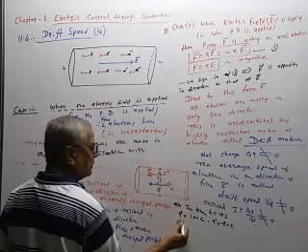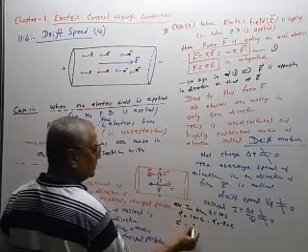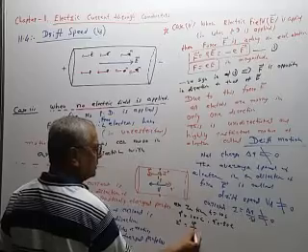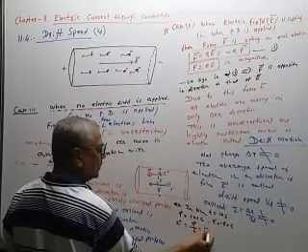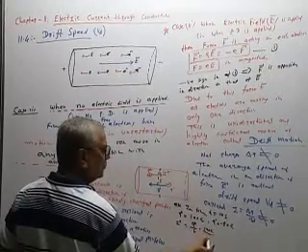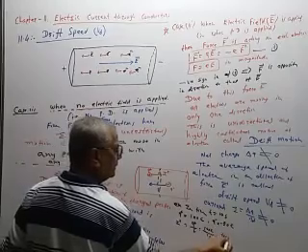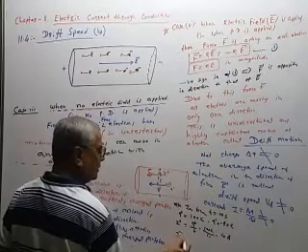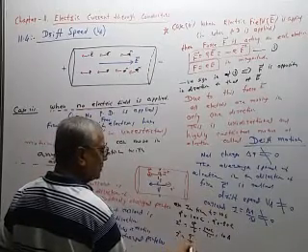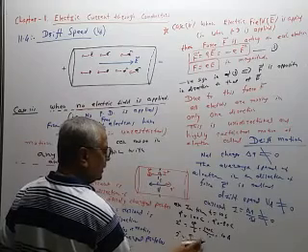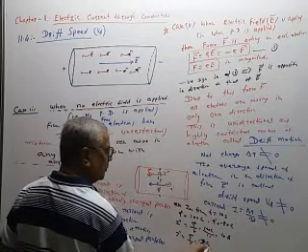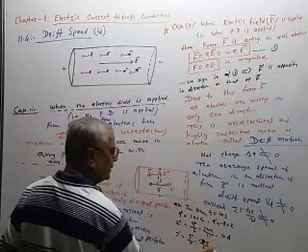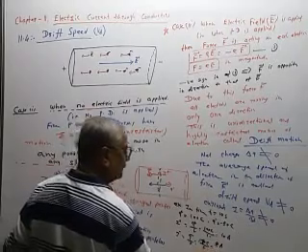So the current I plus due to the positive charges is equal to Q plus by T, so that is equal to 100 coulomb upon 10, that is equal to 10 ampere. I minus is equal to Q minus upon T, so that is equal to 80 coulomb upon 10 seconds, that is equal to 8 ampere.